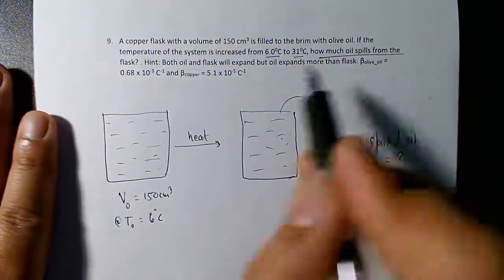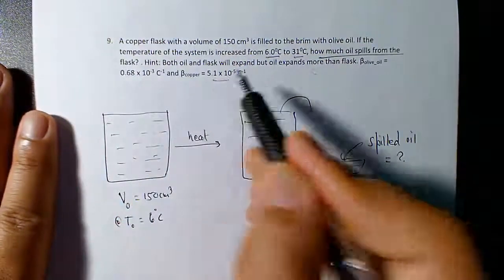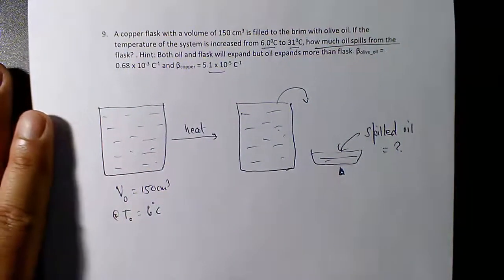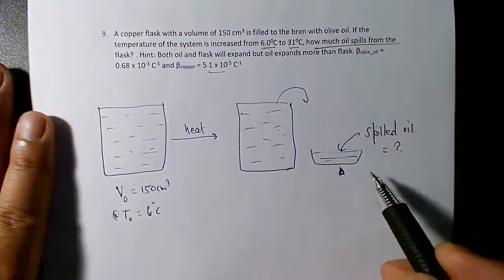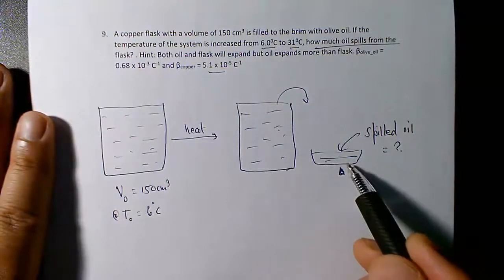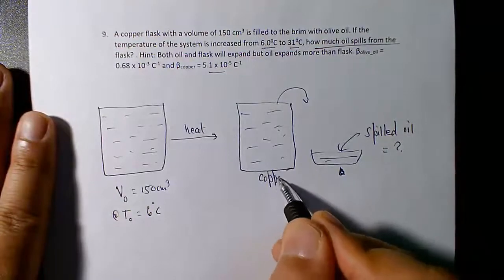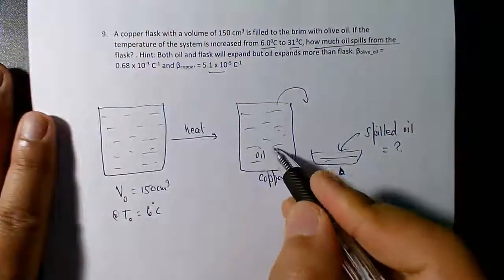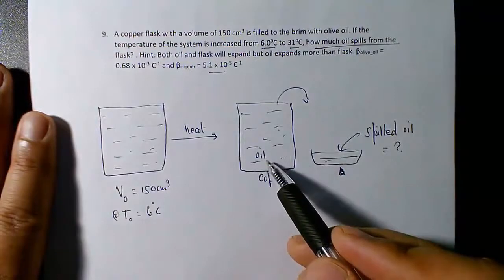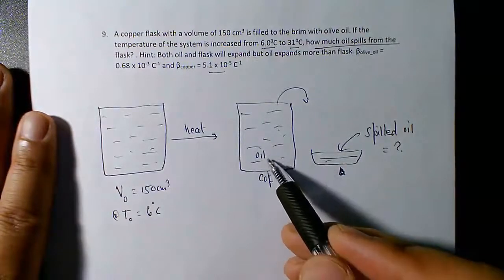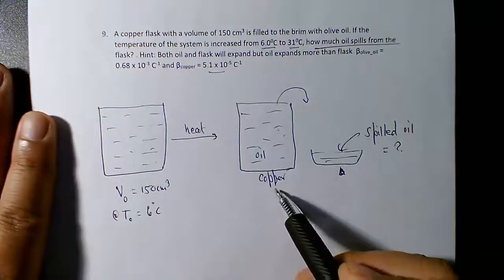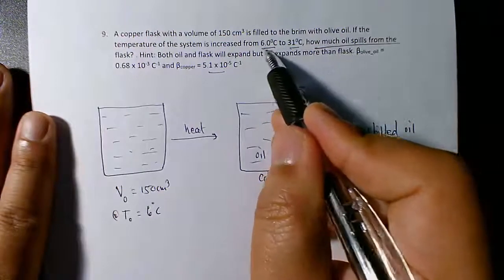It's given for oil, and for copper it's this. Okay, that's the question. And the reason the oil will spill is that you have copper and you have oil, and oil expands more, obviously, because it's a liquid. Oil expands more than copper for the same increase in temperature.